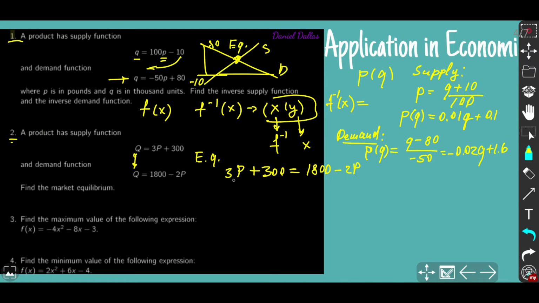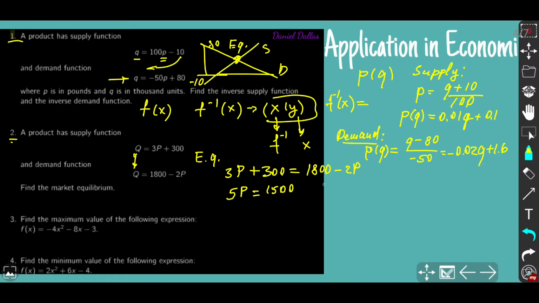I transfer -2p here to the left side, and I'll get 5p over here, and 300 transferred to the right side, so that means I'll get 1,500. We're not stated which units for the price, so it's going to be just simply, you know, no name currency for that.